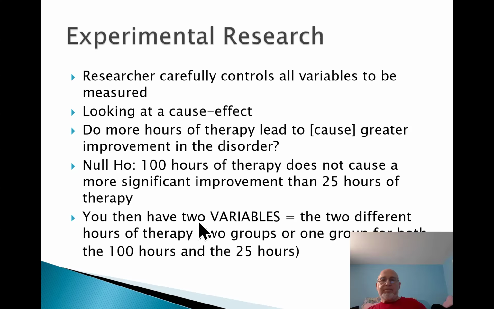Okay, so we have variables. In this example that I show here, do more hours of therapy cause greater improvement? 100 hours does not cause more significant improvement than 25 hours. There's my two groups. I'm going to do 100 hours of therapy versus 25. Variables, the number of hours of therapy, right? What therapy was used? We could use the same exact therapy. We'd want the same exact disorder, the same exact degree of disorder, maybe the same age groups, okay?